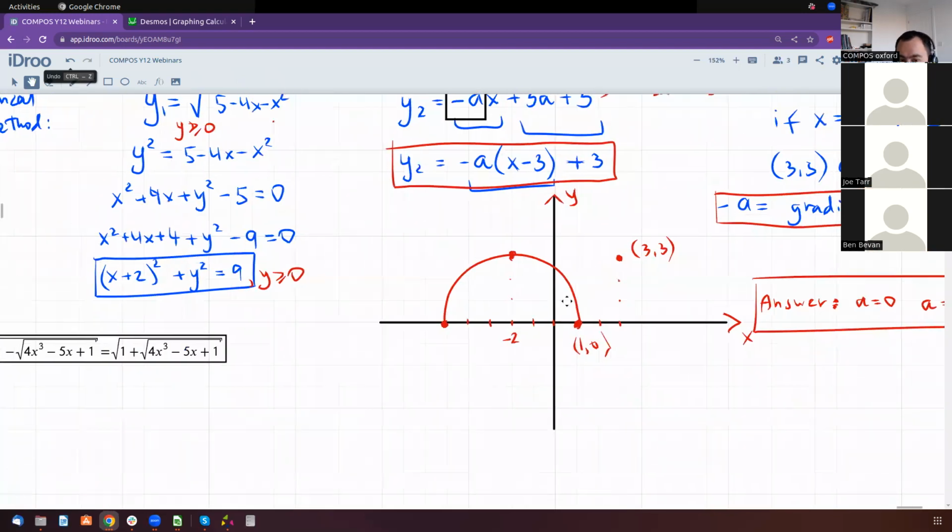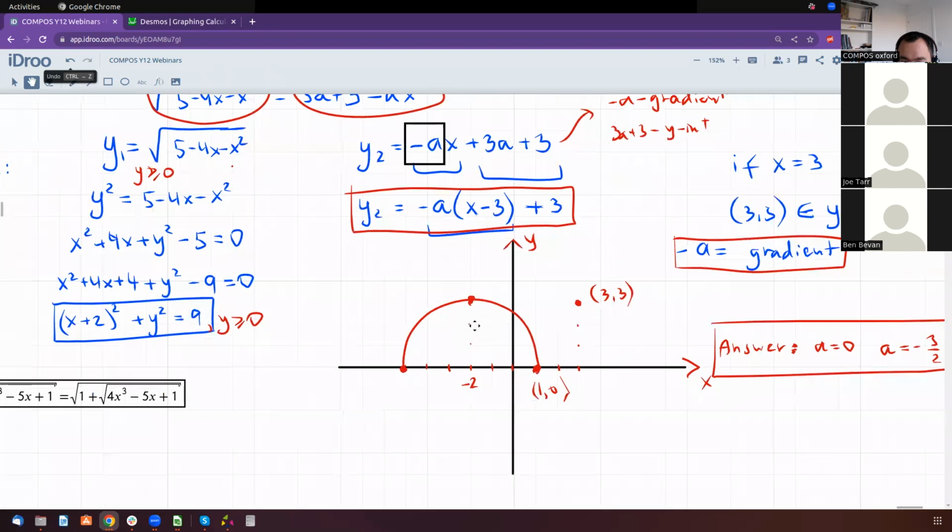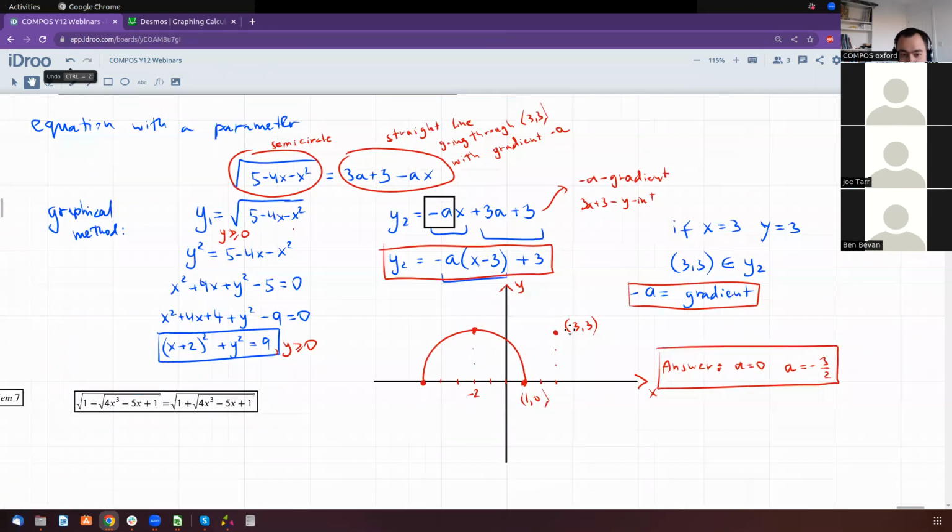So I've drawn the semicircle, it's fixed, but the line is not fixed. The line can go any way. You go like this, or like this, or like this. So the line can have any gradient, and I've made a mistake, but I will remedy myself.